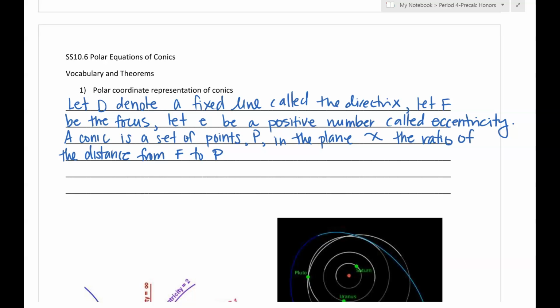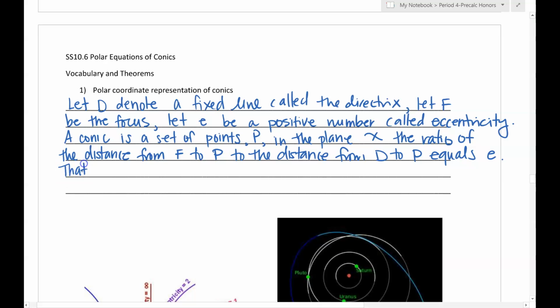Hyperbola, okay? Any P, to the distance from D, which is the directrix, to P equals E. In a little bit, I'm going to make this a lot simpler for you guys to understand.